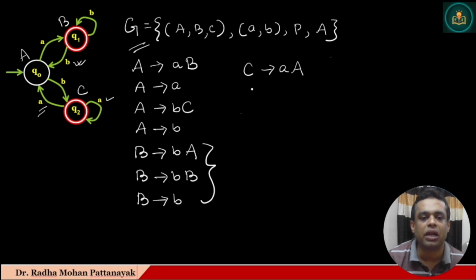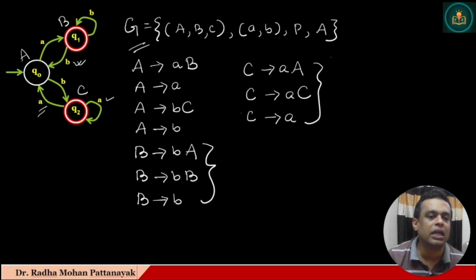For this we will write C produces to small a and capital C. Clear? And now C is a final state, hence we will write another production C produces to a. Hope it is clear. So these are the three production rules we need to write for the state C.